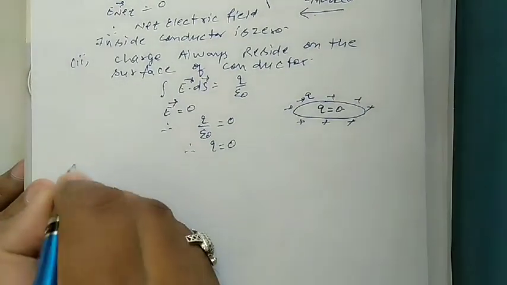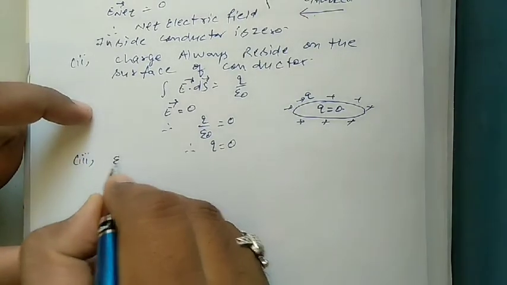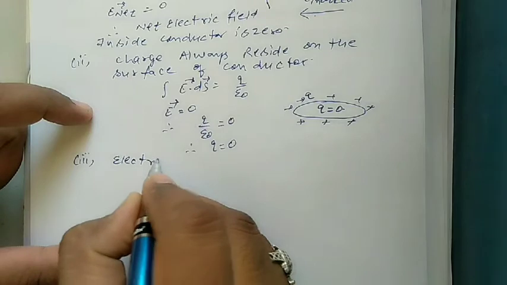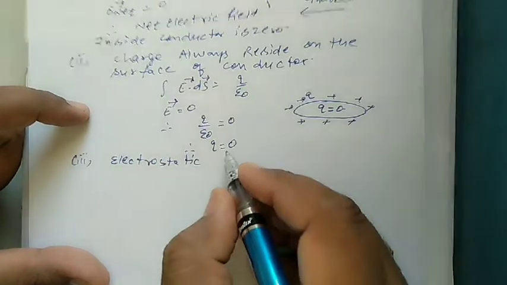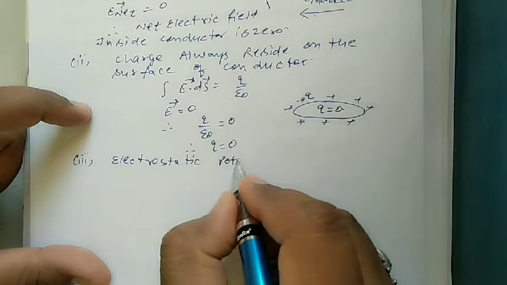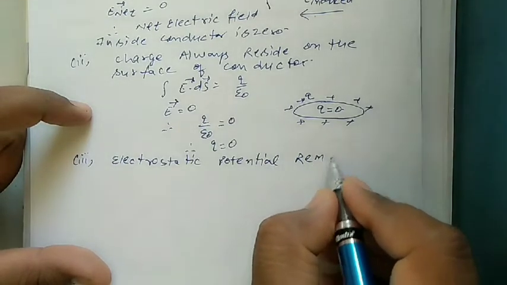Third property, electrostatic potential remains constant.